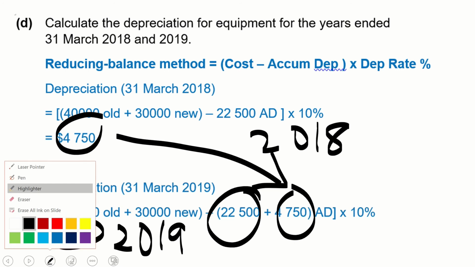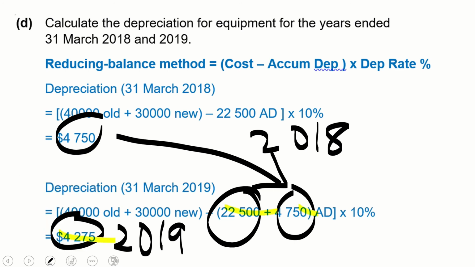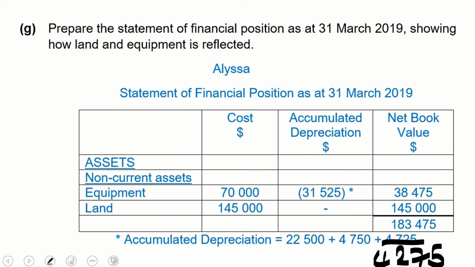These three numbers added together is your accumulated depreciation at the end of 2019. Your net book value is taking your cost, deducting away your accumulated depreciation.